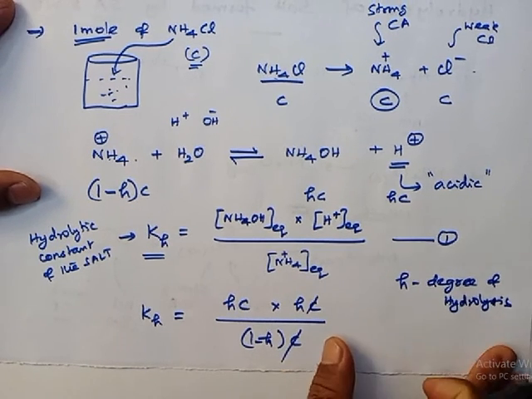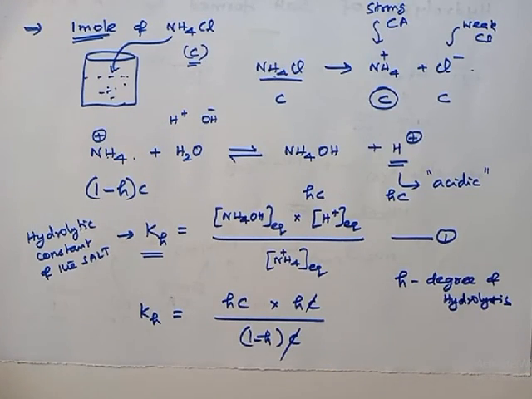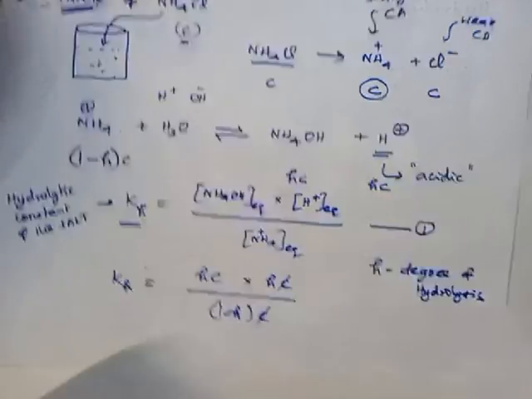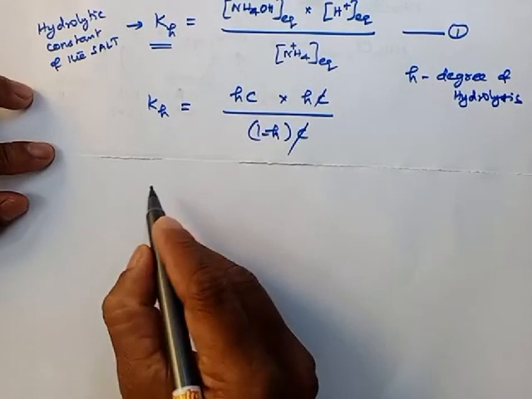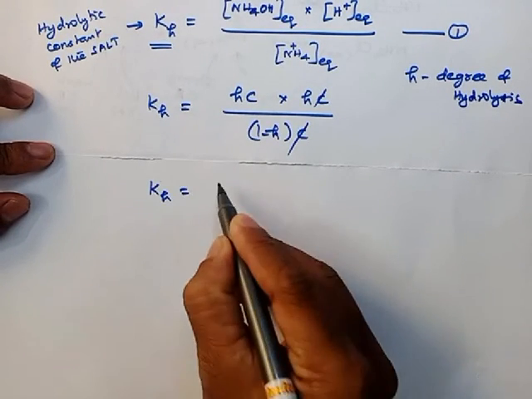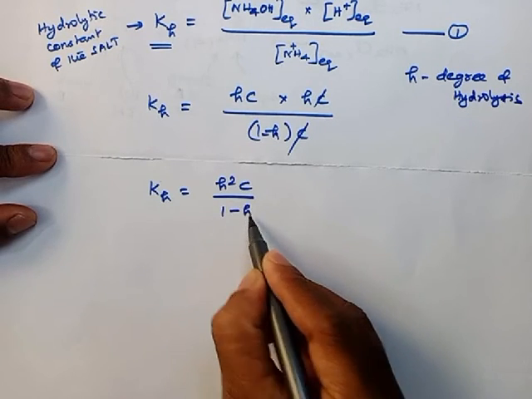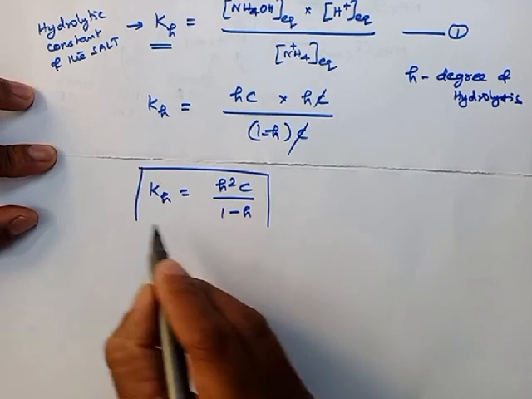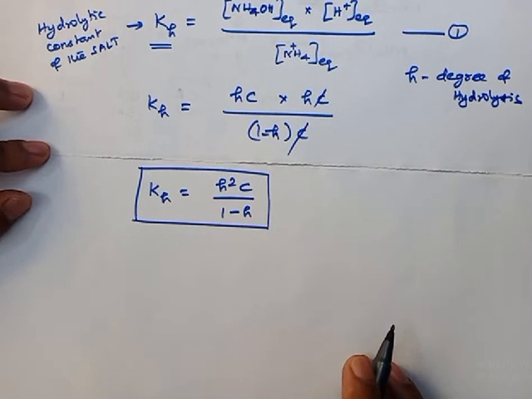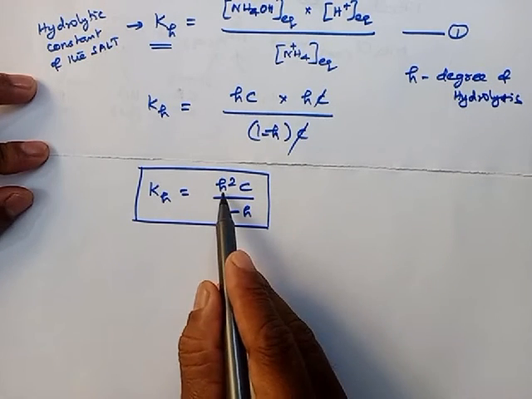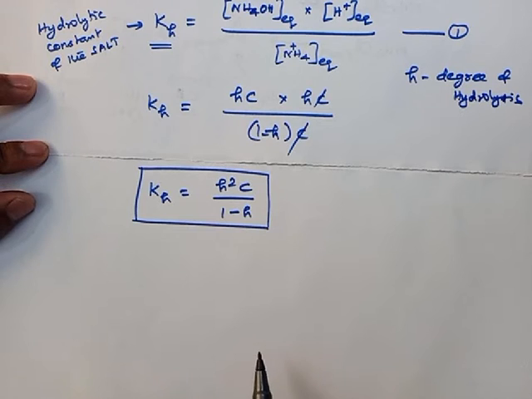Now I'll just cancel this C, so I'll simplify this equation first. We get a simplified equation which looks like Kh equal to h squared C by (1 minus h). This is the complete expression for the hydrolytic constant. If you know the value of h, you can calculate the value of Kh.